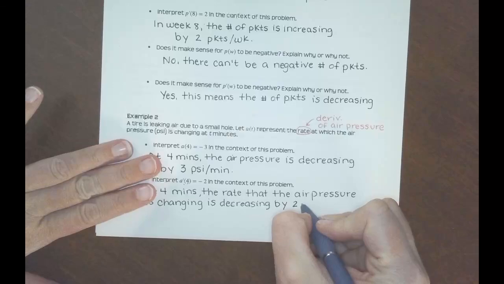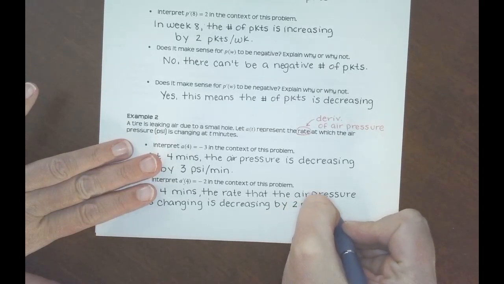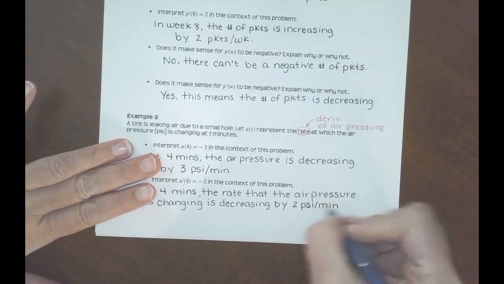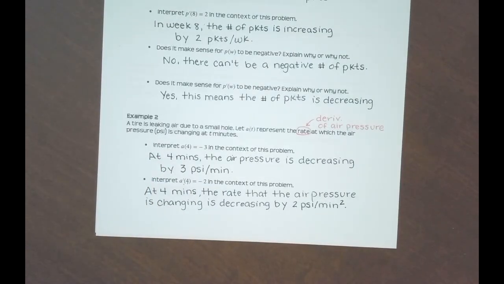The rate would be measured in psi per minute. And if we're saying how much that's changing by, that's decreasing over time, that would be psi per minute per minute. So my rate is psi per minute squared.